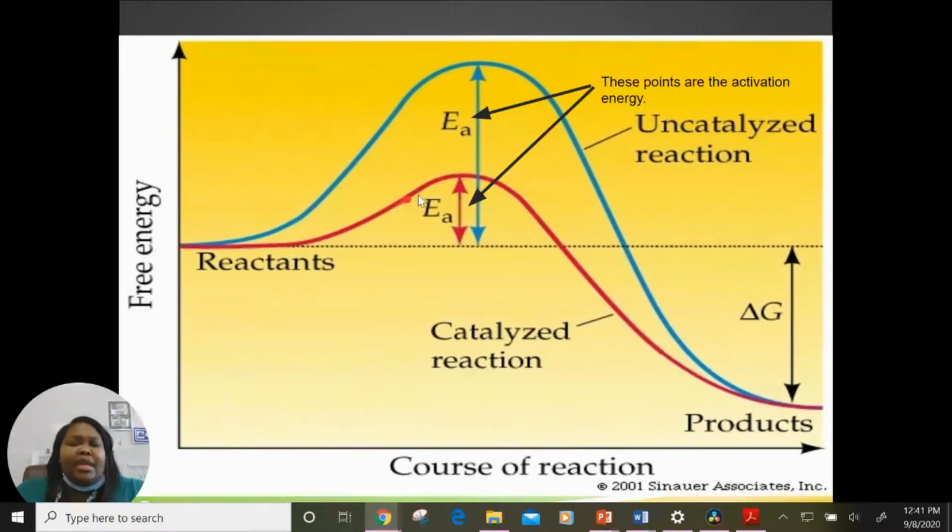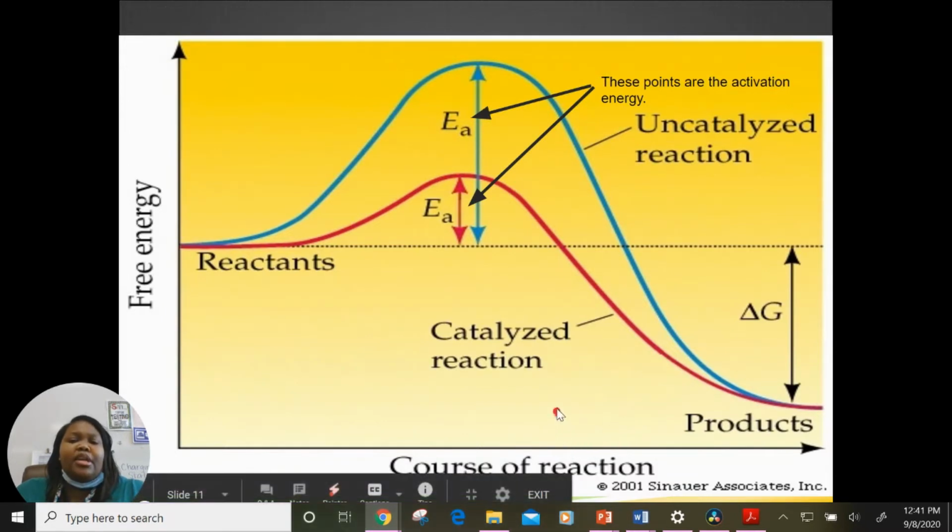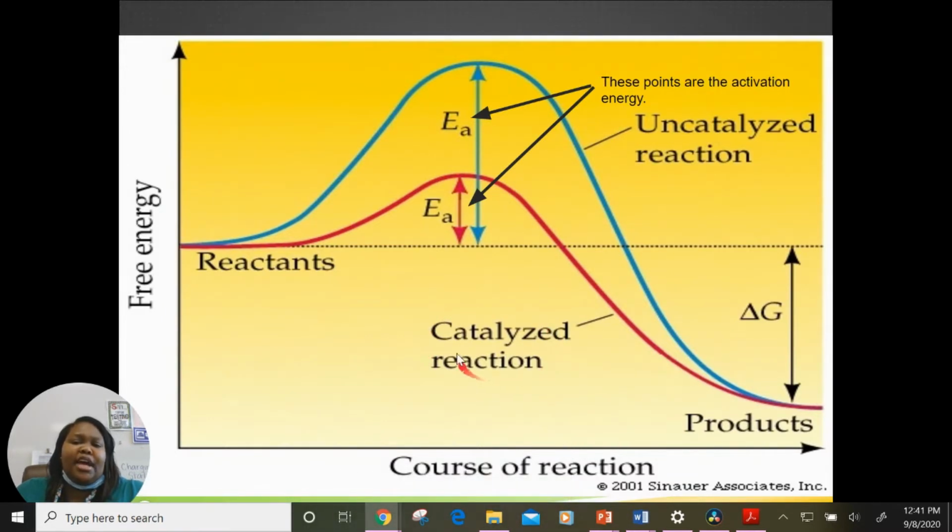Let's talk about this red curve. The red curve shows a catalyzed reaction. That means that there is a catalyst, there is an enzyme. Okay, it has an activation energy as well. It's going to be right here on the graph. So from the baseline, or where the reaction started, to the highest point on the curve is the activation energy.